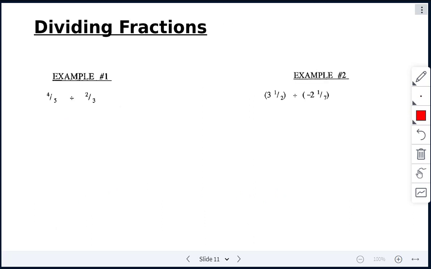So 4 over 5 is being divided by 2 over 3. So we have to take our second fraction, which is this one. I'm just going to put it in a box. And we have to write its reciprocal.